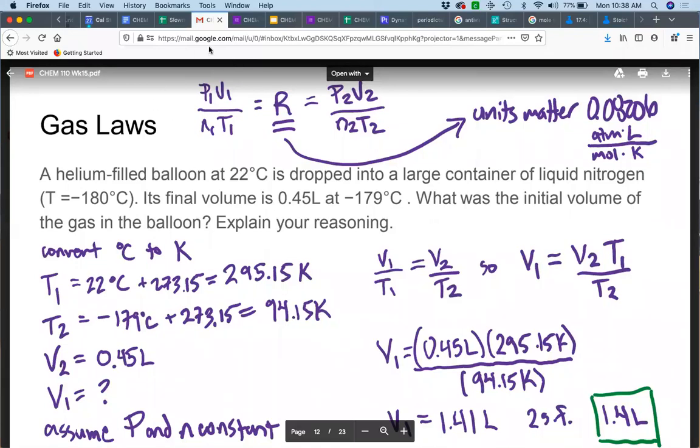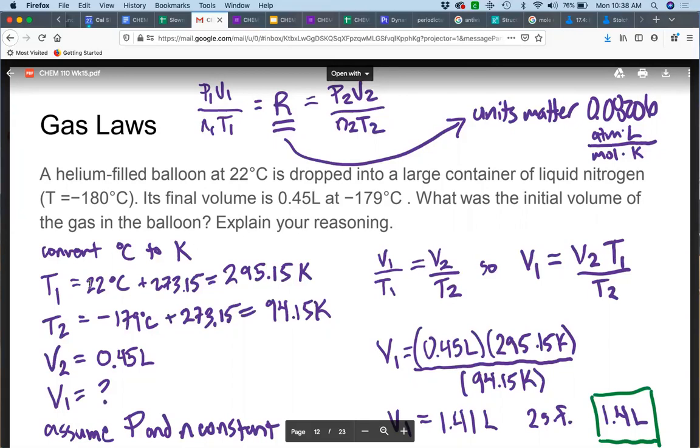The key is if you have a changing conditions gas law problem, the reason you can solve that problem is because you set your first set of conditions equal to your second set of conditions. And your units really matter. So in this case, the units for the gas law constant are atmospheres, liters per mole Kelvin, which means that anything that you're substituting in here needs to be in those units. Otherwise, the problem won't work.